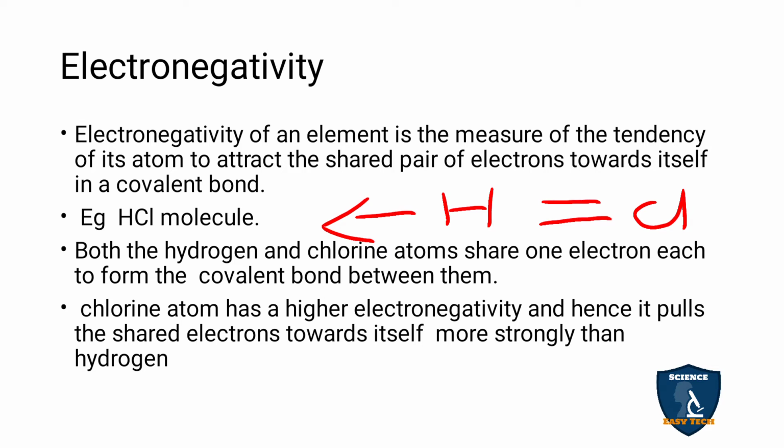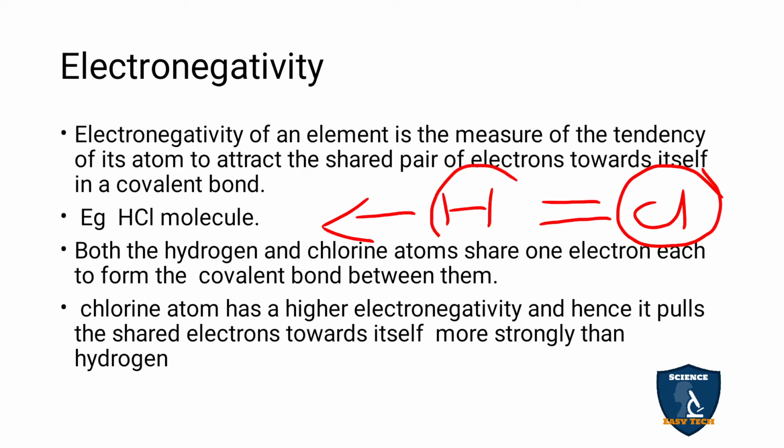The chlorine atom has higher electronegativity and hence it pulls the shared electrons towards itself more strongly than hydrogen. So chlorine has higher electronegativity. Due to that, it pulls the electrons more to its side because of strong bonding compared to hydrogen.